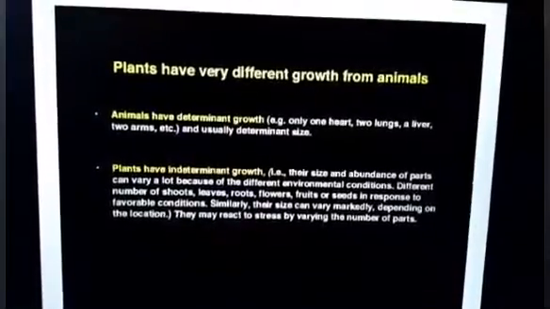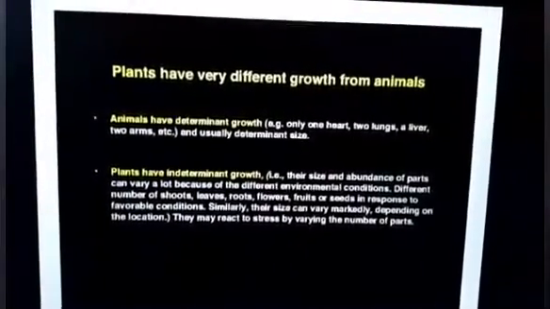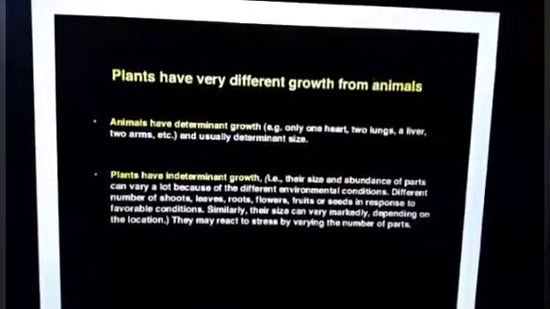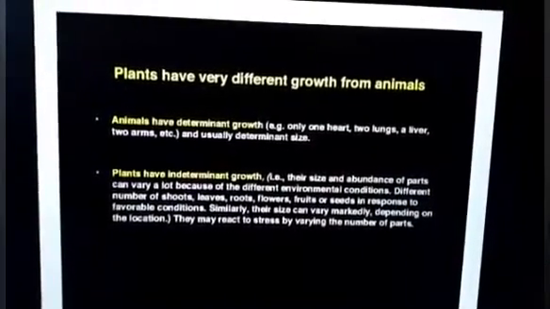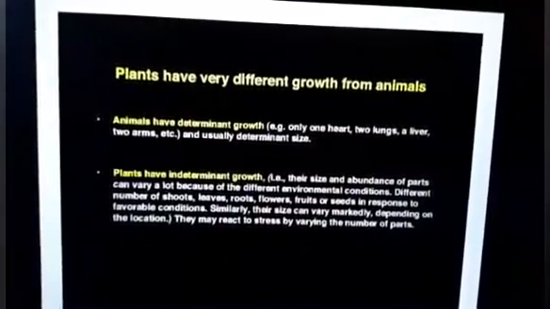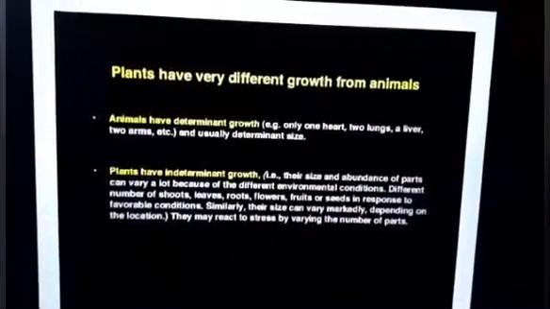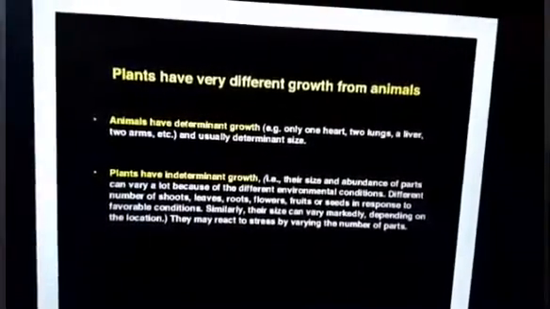So different numbers of shoots, leaves, roots, flowers, fruits, or seeds in response to unfavorable conditions. Similarly, their size can vary markedly depending on their location.